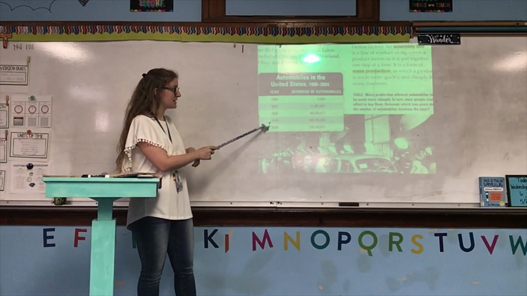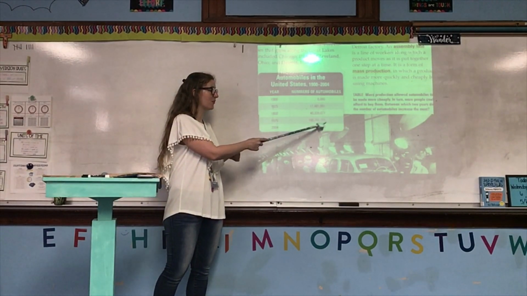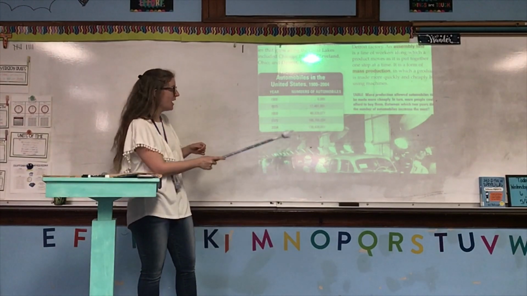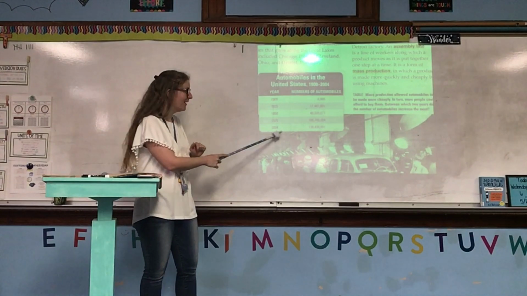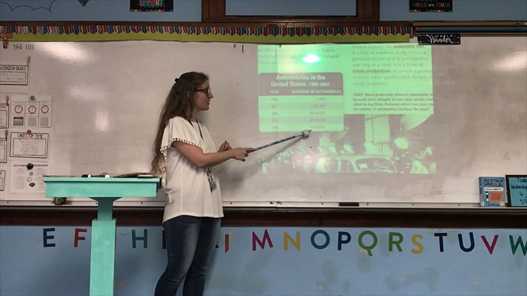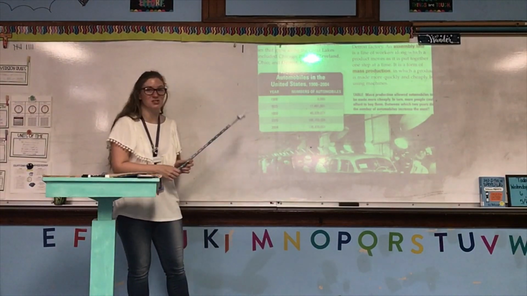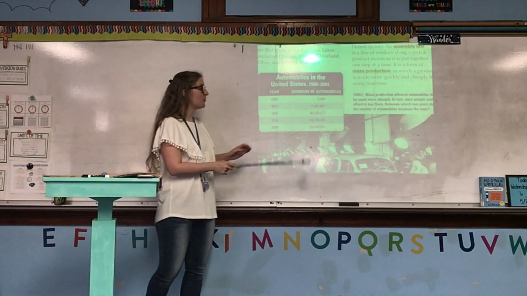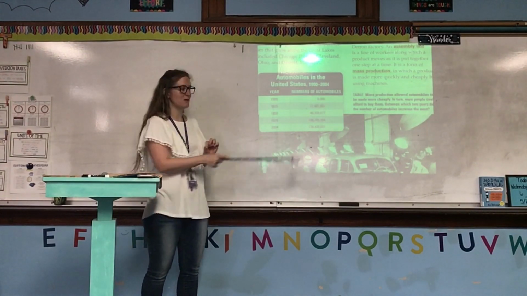And then in 1975, 106,705,934 automobiles were owned. And then in 2004, which is when this book was published, 136,430,651 automobiles are owned. So you can see that back in 1900, there weren't that many automobiles compared to how many there are today.